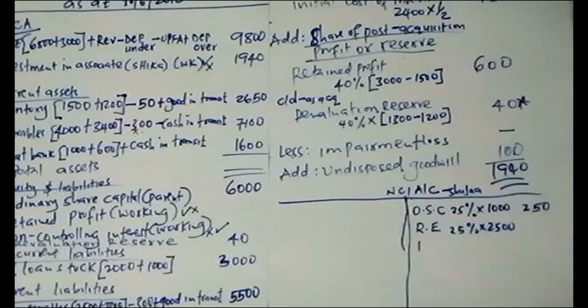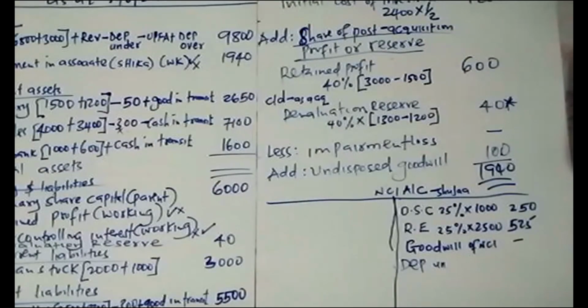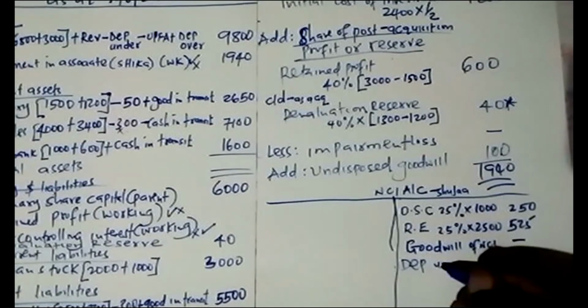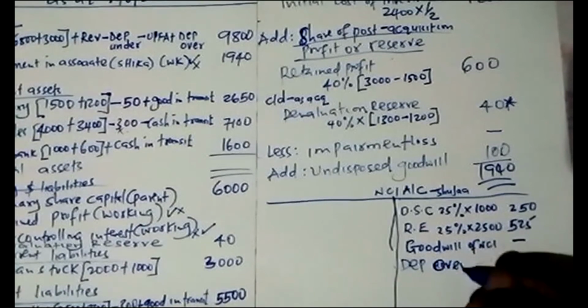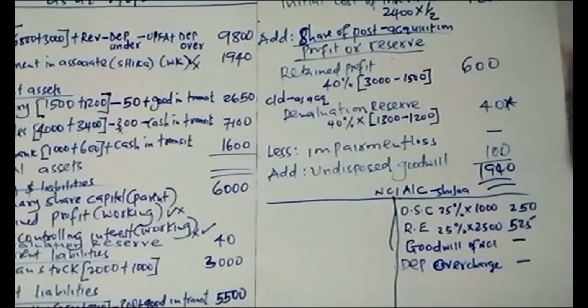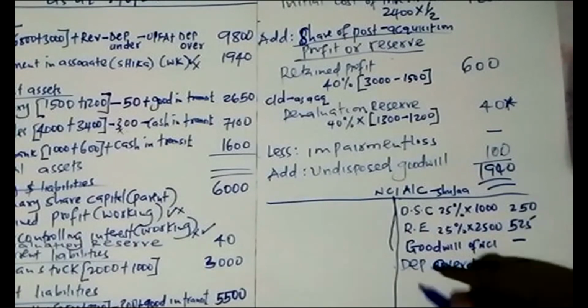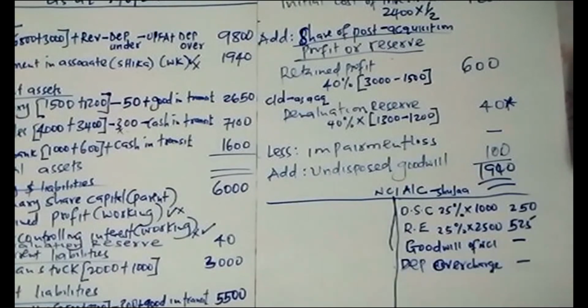Another thing you need to record here is depreciation overcharge, not undercharge. It was not there. But remember that we have to apply the percentage of NCI.